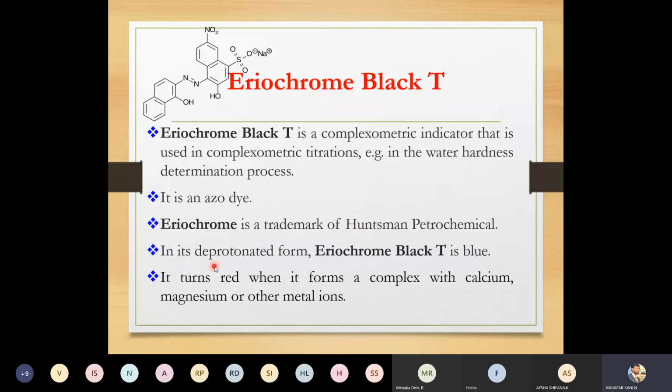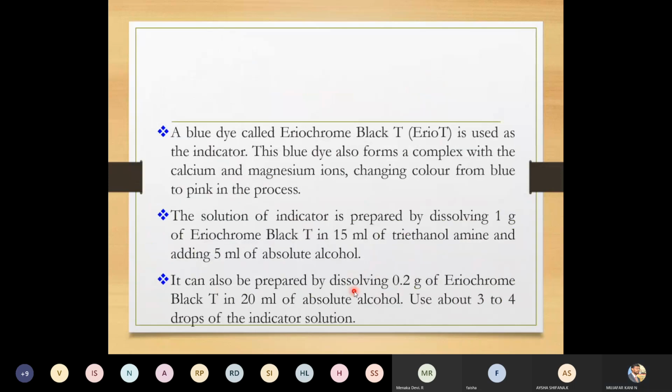In its deprotonated form, eriochrome black T is blue. It turns red when it forms a complex with calcium or magnesium or some other metal ions. This blue dye also forms a complex with calcium and magnesium, changing color from blue to pink in the process.